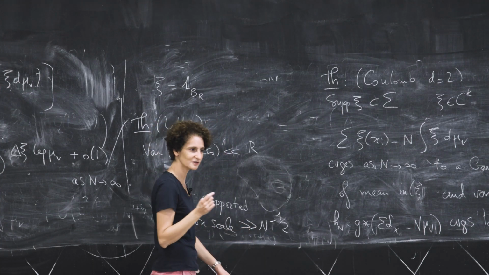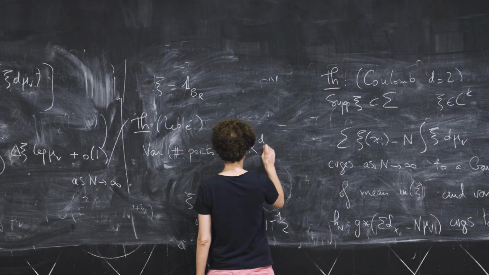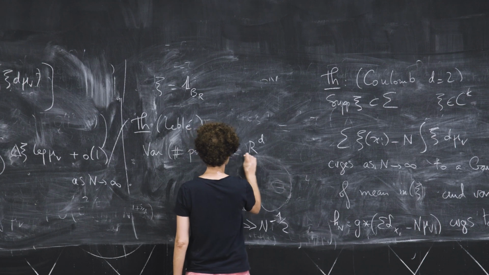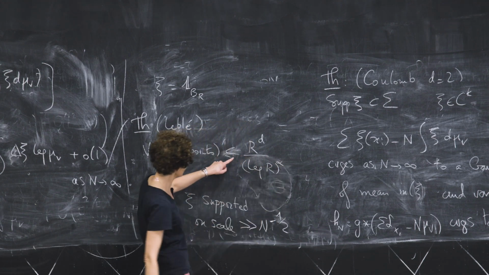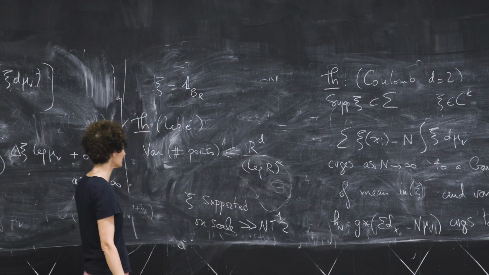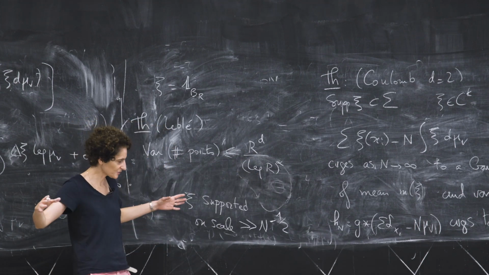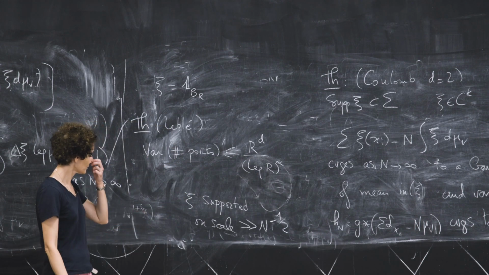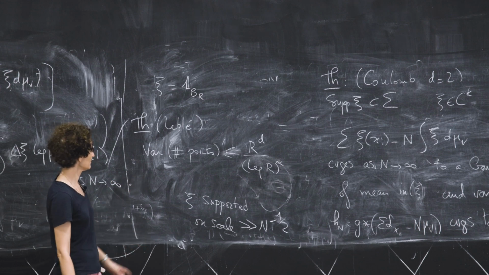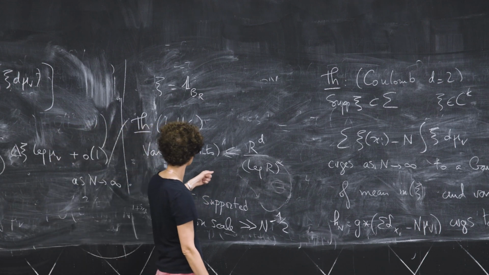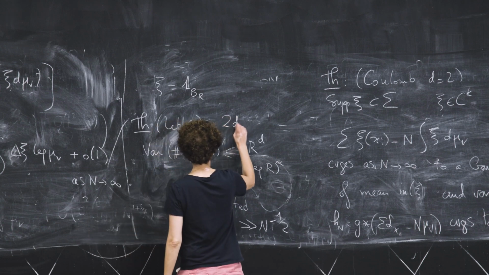It should be 2d or d. D? D, thank you. So actually, he proved that it's less than r^d times some log power that I forget. Okay, so you gain a little bit when r goes to infinity, and this is in blown up scale. So the variance of the number of points is much smaller than that of a Poisson point process, and that proves hyperuniformity, and it's again only 2D Coulomb.